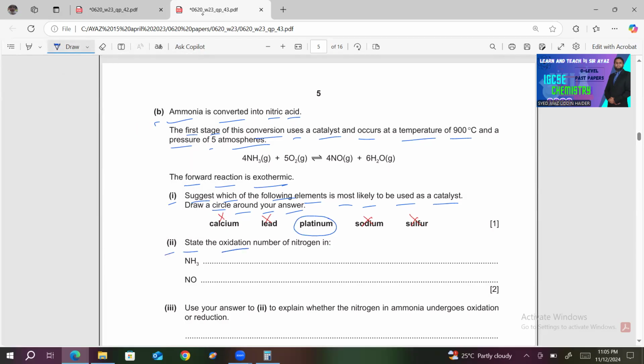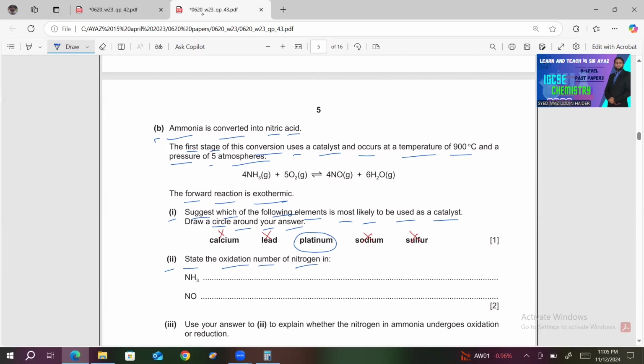Part 2. State the oxidation number of nitrogen in NH3 and NO. In the case of NH3, nitrogen is attached to less electronegative hydrogen. Hydrogen, whenever it's attached to non-metals, will carry +1 as its oxidation number. So I'm going to show the working here. For NH3, I need to find the oxidation number of nitrogen.